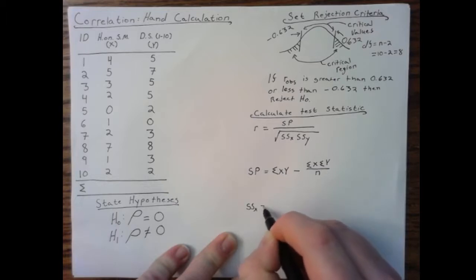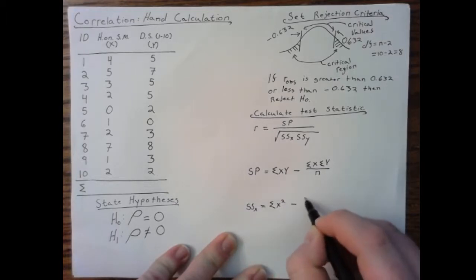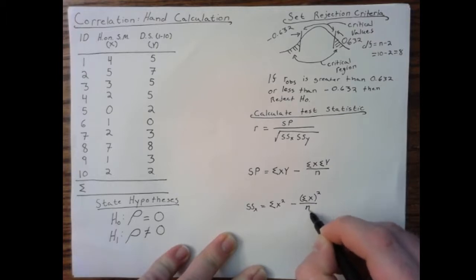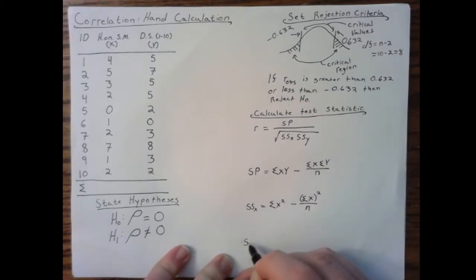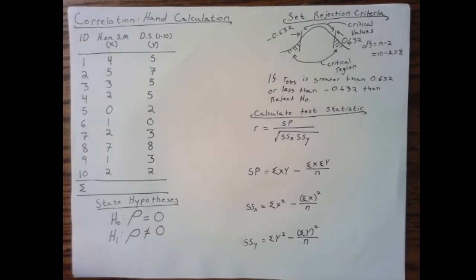And then the sum of squares of x, which would just be the sum of the squared x scores minus the sum of the x scores squared divided by n. And then SSY, which would be the sum of the squared y scores minus the sum of the y scores squared divided by n.